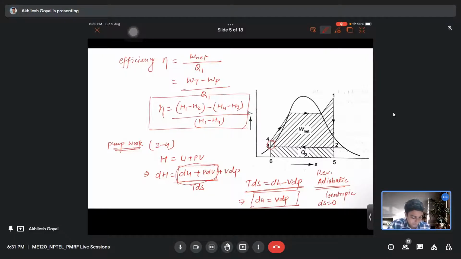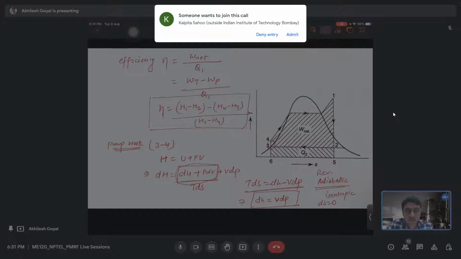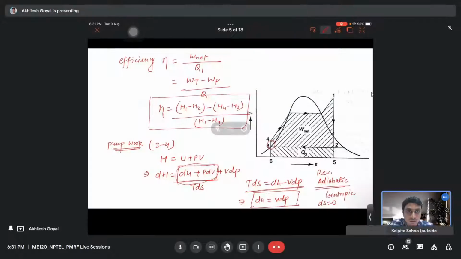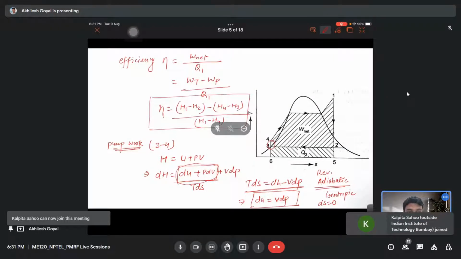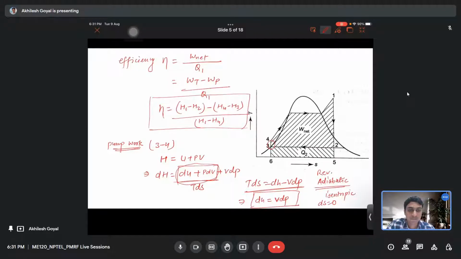So that way we can say that the pump work is very small, because the input to the pump is condensed water, not the steam. Okay, so please remember it. It will be useful when we will be solving the questions in the next few slides. Okay.